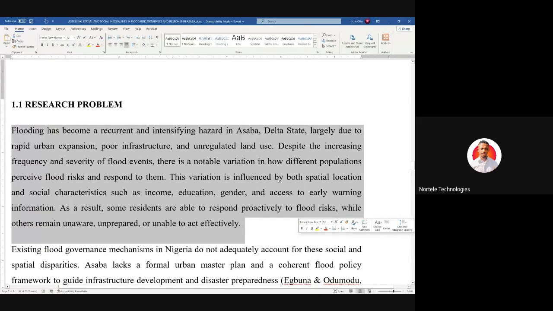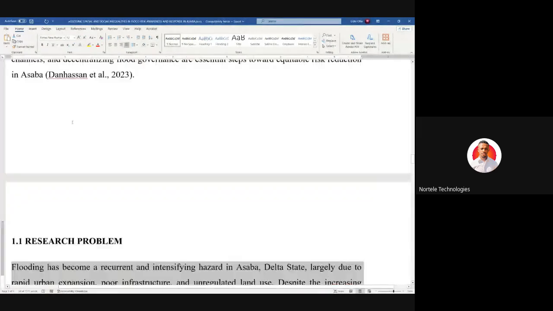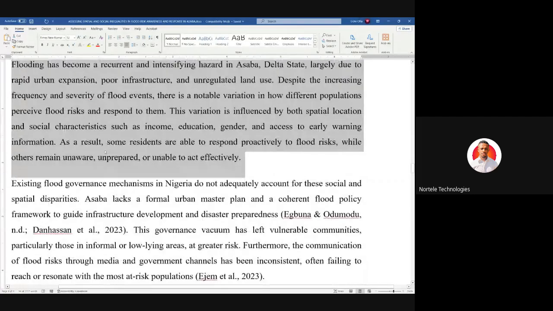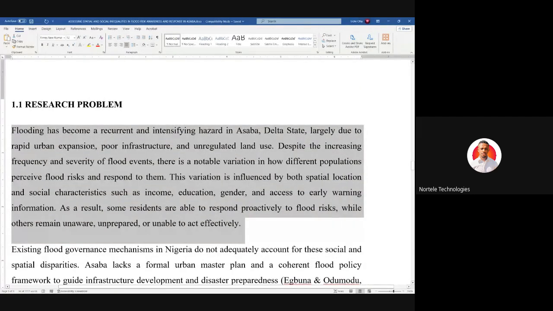After writing a lot in your background of study, you can see the background of study is very long. You've done all the research, no problem. But whenever you come to research problem, don't go straight and start using "so and so in 2025 et al. said this." No, the first paragraph should definitely bring it down to the problem you're solving in society first, the problem that is the main pain.